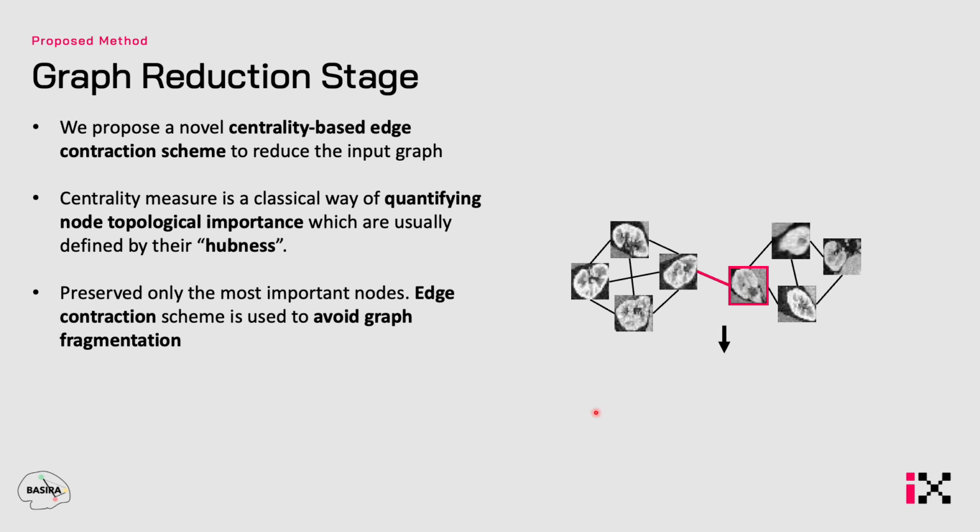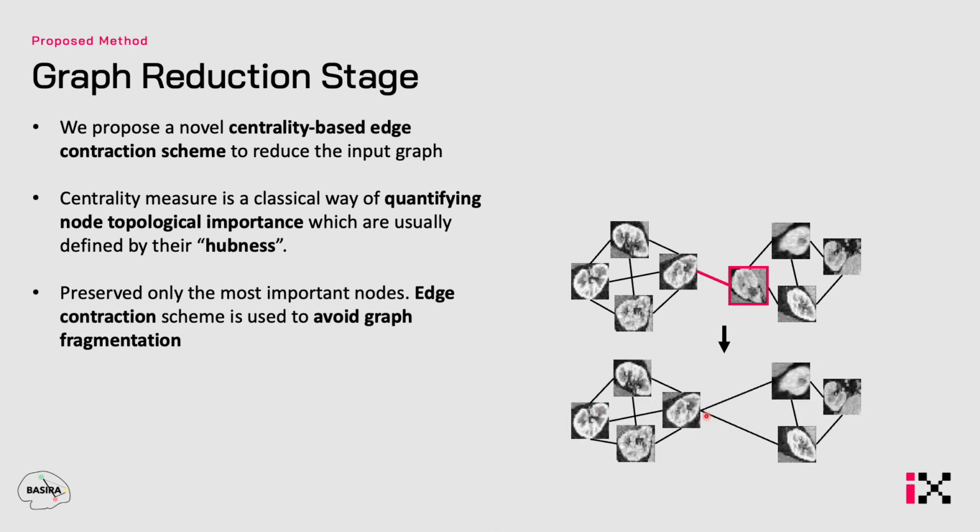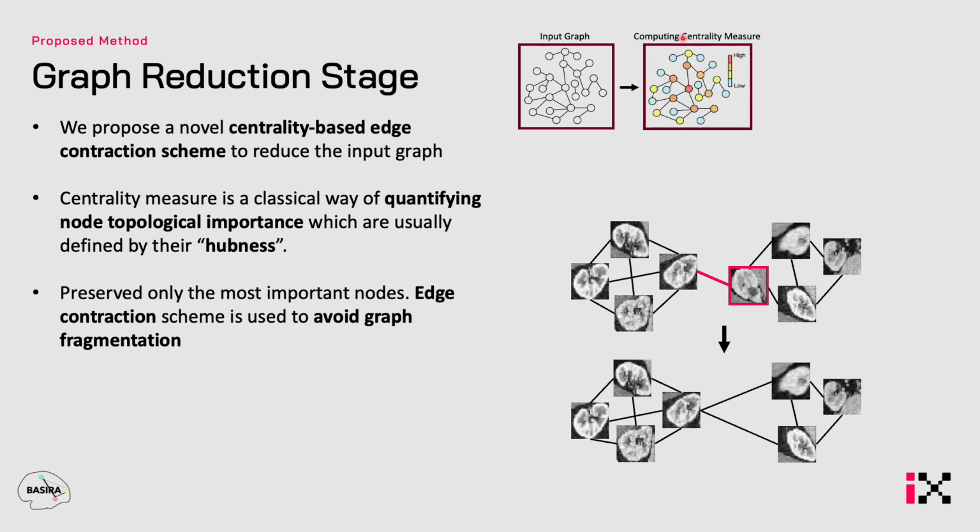Here we can see that the result will be like this, and the connectivity of the graph is maintained, whilst if we use direct node removal, there is a chance that we might fragment the graph into two separate components, which we don't want. And this whole process is visualized in this flowchart. First, we have the input graph. Then we compute the centrality measures. Then we can reduce the graph by preserving only the most important nodes.